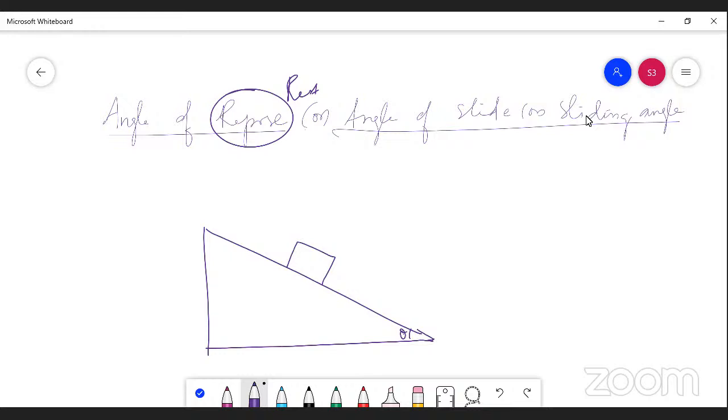The block will remain in the same state as long as the theta value is not increased beyond the angle of repose. For smaller angles, the object may not slide.